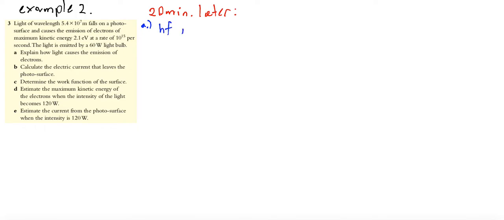Then you have to write that one photon can remove one electron. Next, you have to write that if the energy of light is bigger than the work function, then electrons are removed and the rest of the energy is delivered to the electron in the form of kinetic energy.